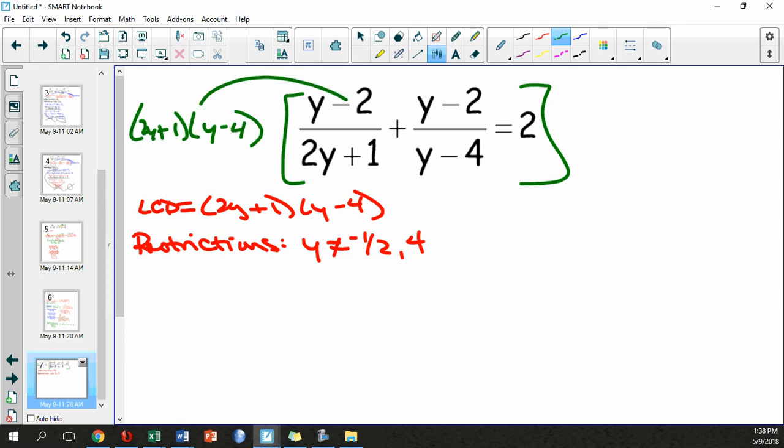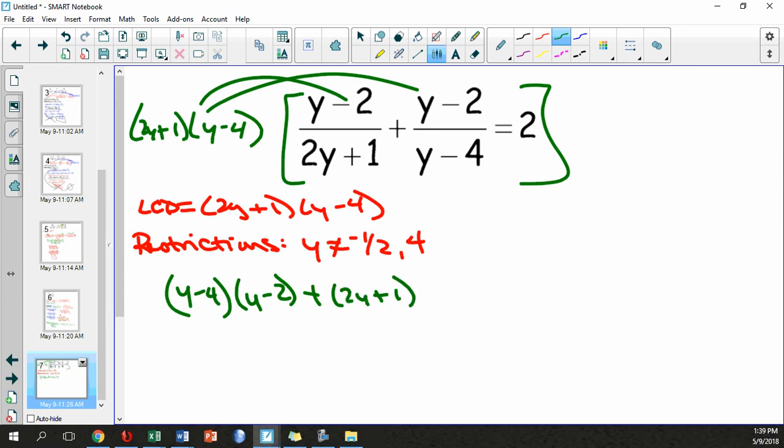So when I do that with the first fraction, what happens? What remains? Y minus 4 times y minus 2. Go to the second fraction. What remains? 2y plus 1 and y minus 2. And then the last one, both of them.